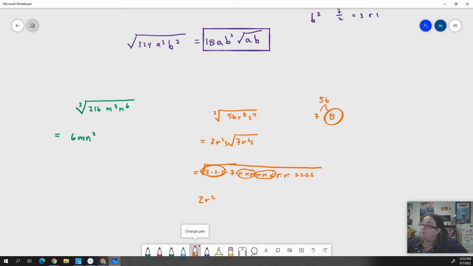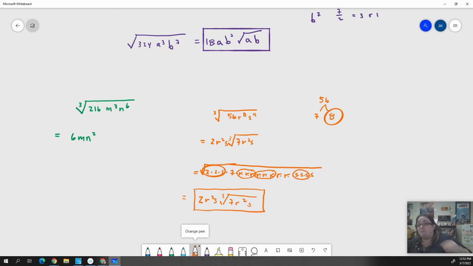I only have 2 left, so I can't pull that out. Here I have a set of 3 s's. And now I'm going to be left with whatever I couldn't pull out. So we have 7, 2 r's, so r squared times s. Hopefully that was a little better in the explanation when we broke it down.